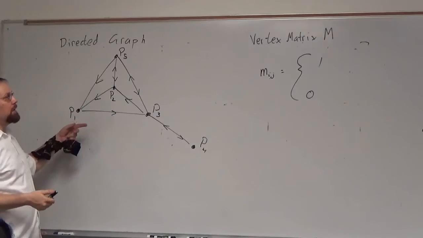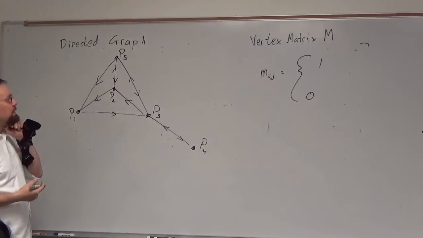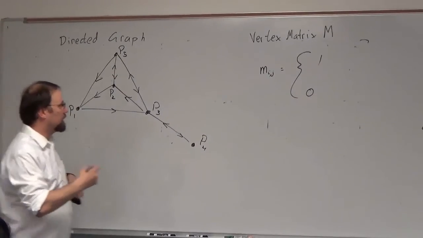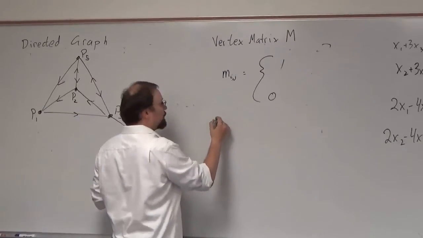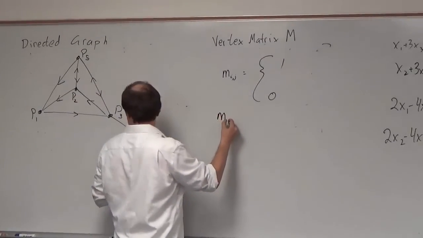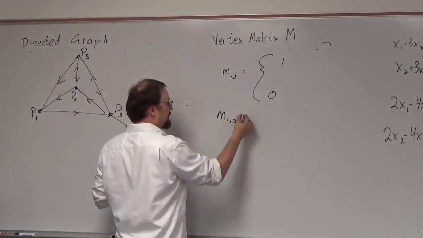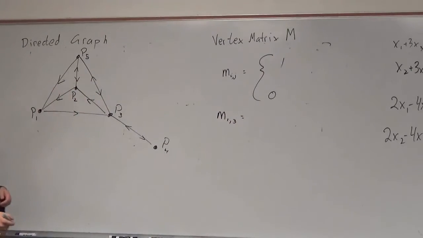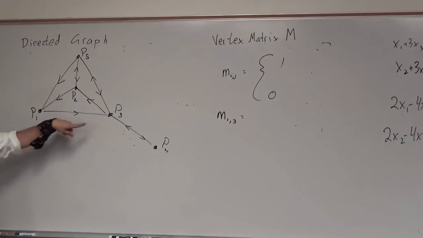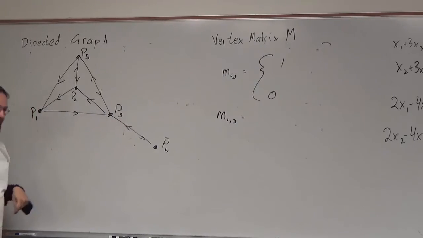When will it be 1? If I ask you M1,3, do you think that's going to be equal to 1 or 0? It says that if I can get from vertex i to vertex j, then I indicate that with a 1.